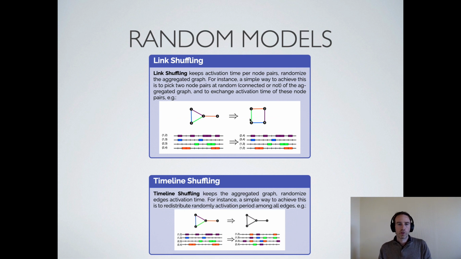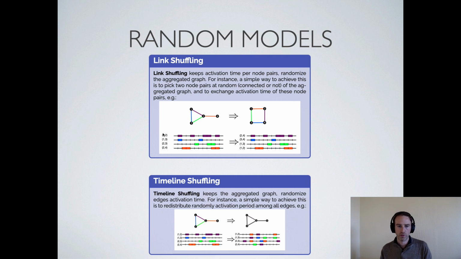Another type of randomization is link shuffling. In link shuffling, the idea is to keep what's happening for a particular edge. In this case, you see the edge between node 1 and node 2, which had interactions represented in purple here.